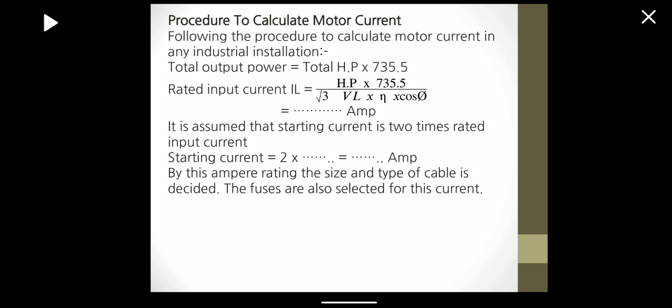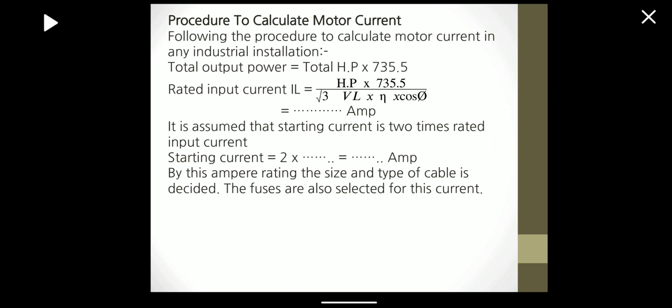Total output power is equal to total HP into 735, but it is 746 nowadays. So multiply by 746. This is the British standard.